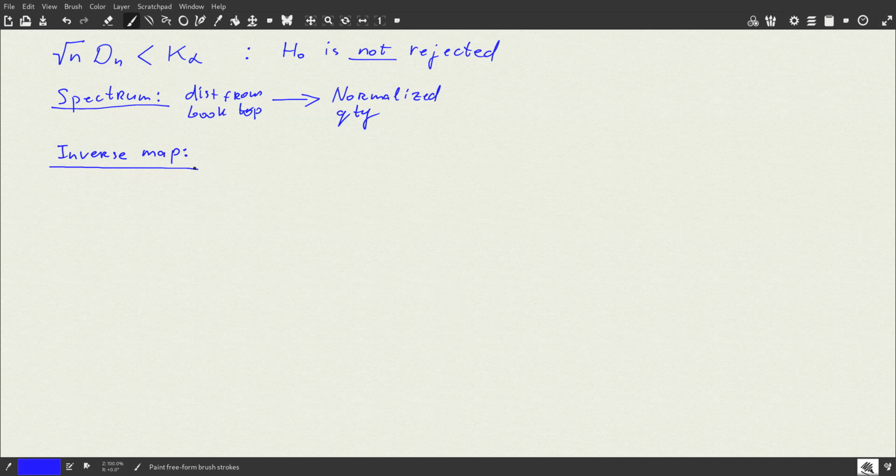So what would be the inverse map? It is the map from quantity to distance from the top of the order book, or VWAPs. And by the way, this is a very important thing. This inverse map is sometimes called liquidity bands.